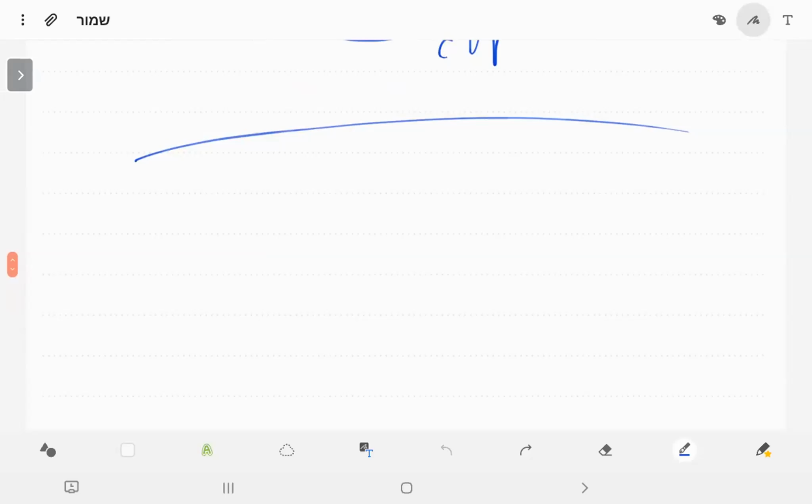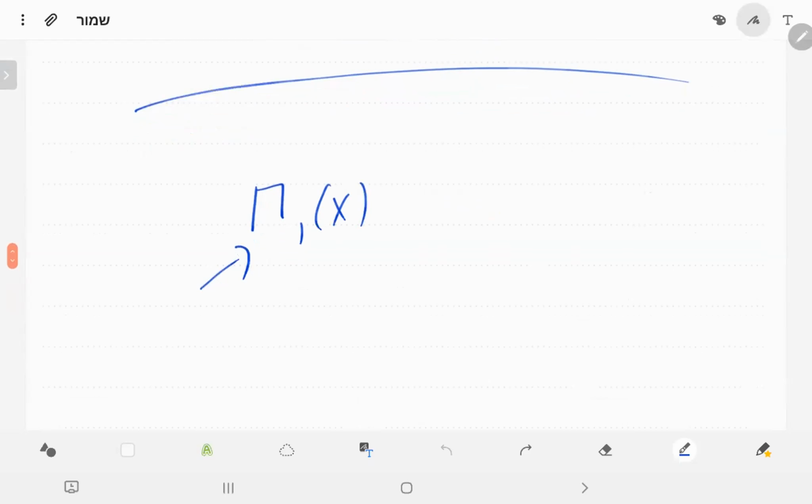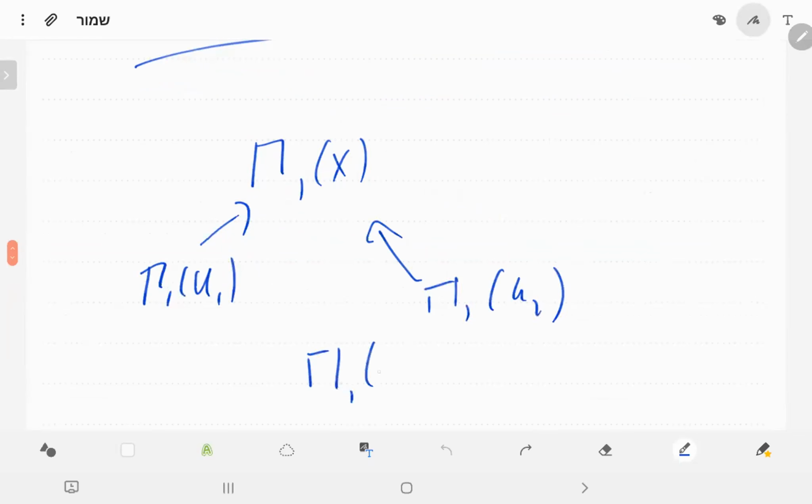And now we want to prove the Seifert-van Kampen theorem. So what do we have? We have pi1 of X, we have pi1 of U1, we have pi1 of U2 and pi1 of the intersection.